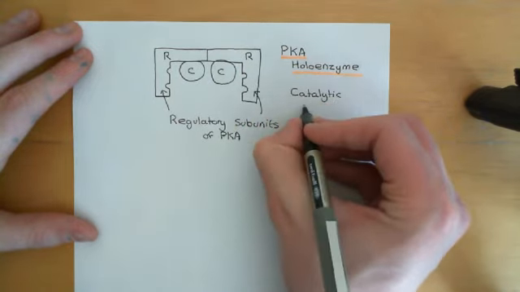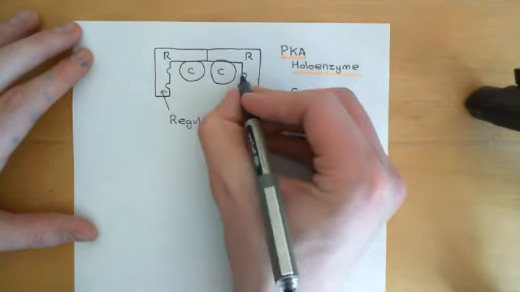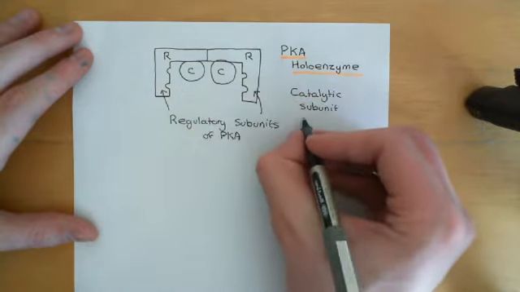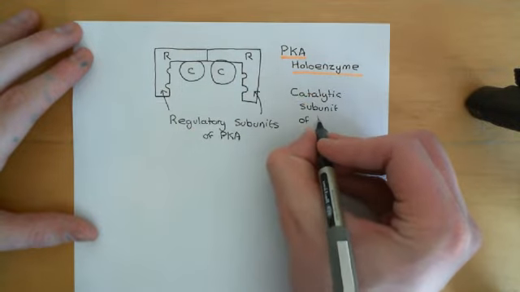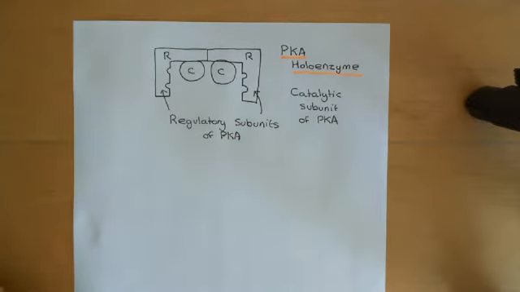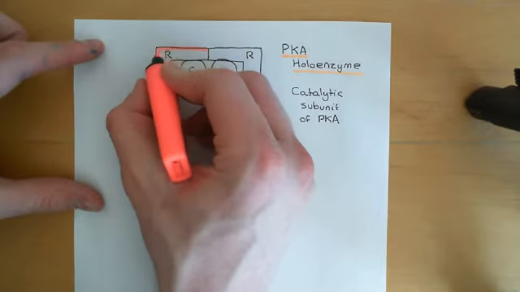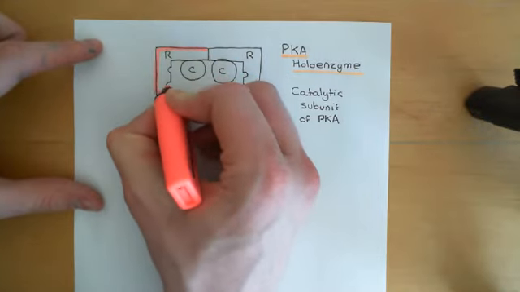Now, you will notice that the regulatory subunits each have these little binding sites that I've shown here. That's because those are the binding sites for cyclic AMP. So hopefully you're now starting to see the analogue between protein kinase A and protein kinase G. Protein kinase G also had 2 binding sites, which were for cyclic GMP.